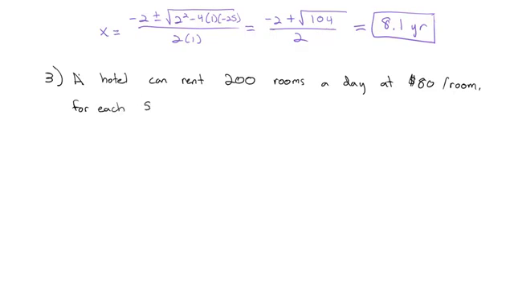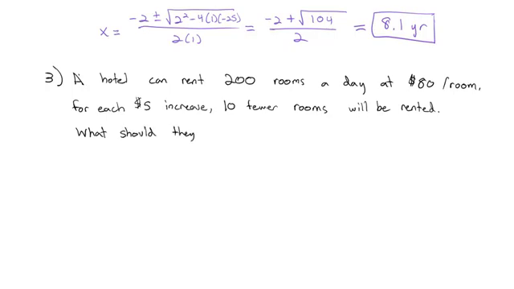For each $5 increase, 10 fewer rooms will be rented. What should they charge if they want to maximize the amount of money that comes in?